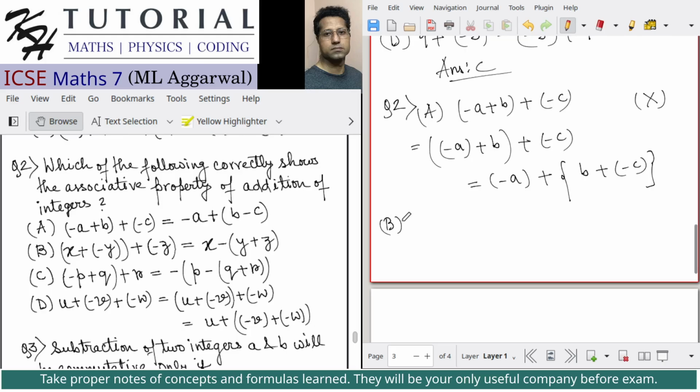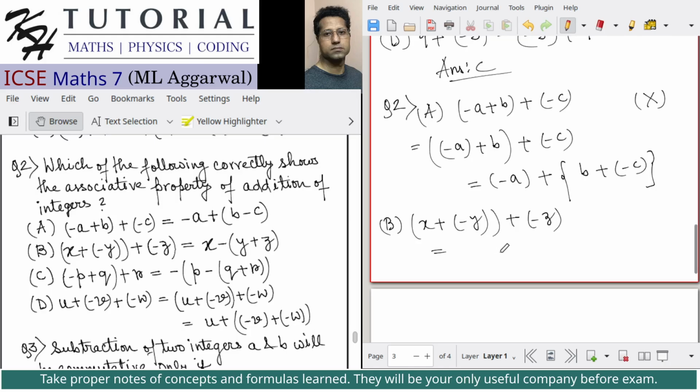Let's see choice B. The left hand side is x plus minus y plus minus z. What are the three integers we are adding? They are x, minus y and minus z.